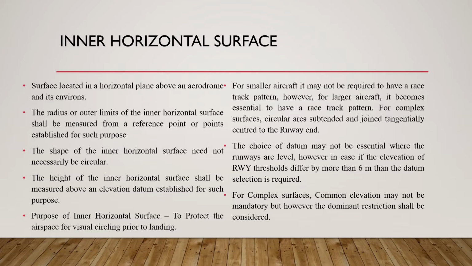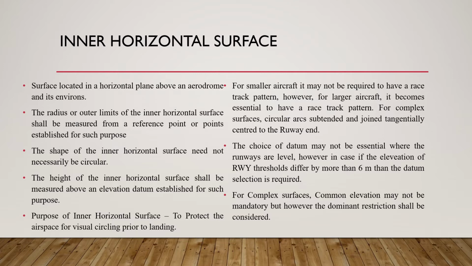When we move farther from the transitional surface, the next surface which we come across is the inner horizontal surface. Before moving on to how this surface behaves, we have to know certain characteristics of inner horizontal surfaces. It is a surface located in a horizontal plane above an aerodrome and its environment.